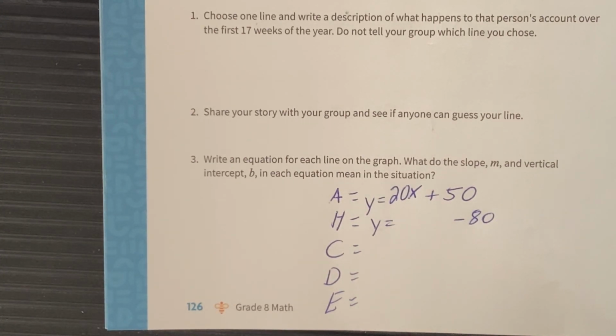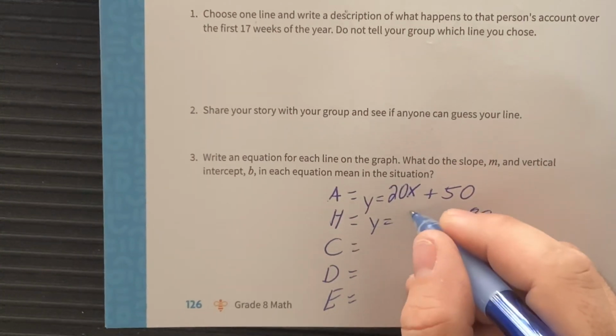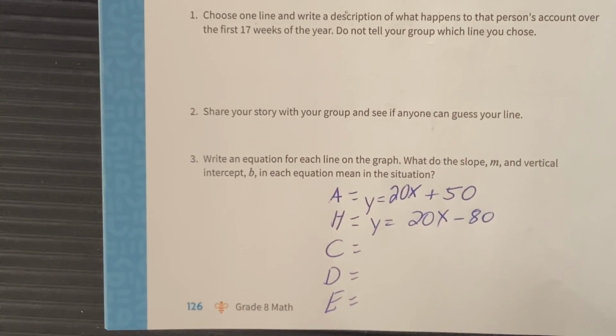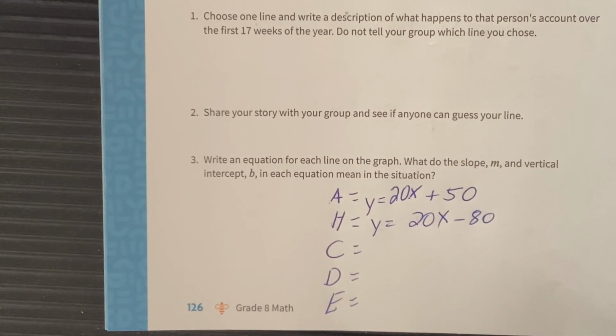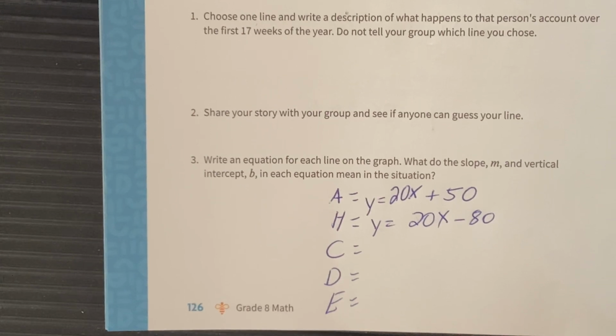And you're starting to pay them back. How much are you paying them back per week? $20 a week. You're paying them back. Okay? I mean, they could ask you questions, how long until you're paid up? Right? And you should be able to figure that out. $20 a week, you owe them $80. Hopefully 4 weeks, you're at 0, right? It's also parallel to A, so you guys know you had the same slope.